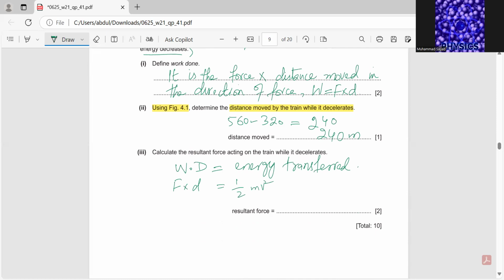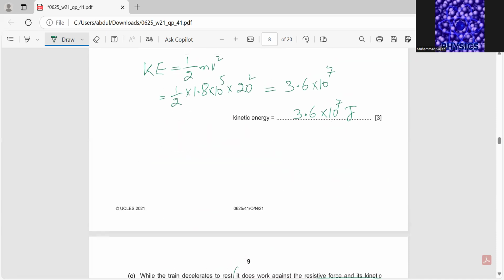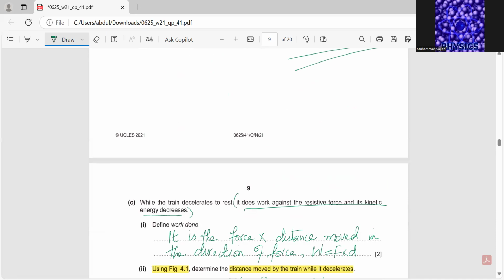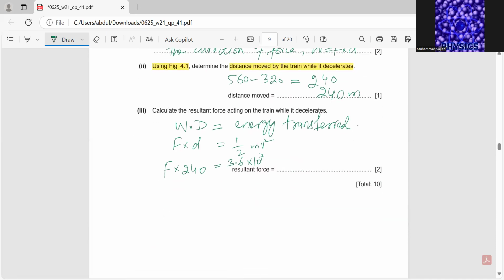So F times t is equal to 1 over 2 mv squared. So F times 240 equals 360 times 10 to the power 7.